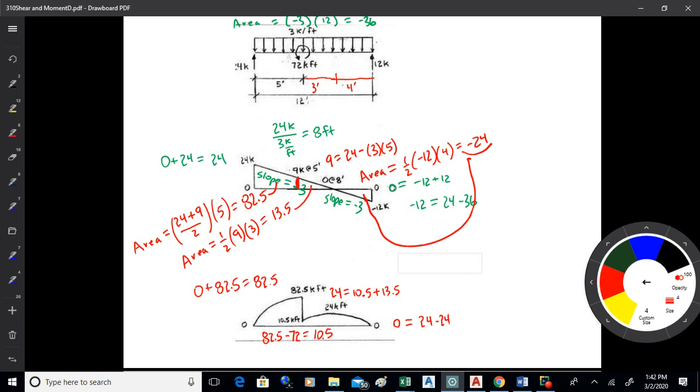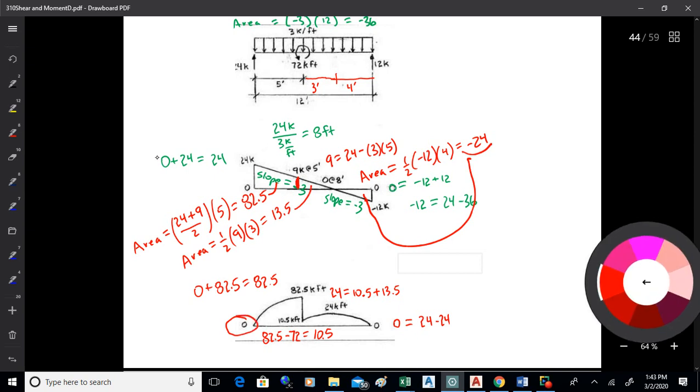So what's going to happen then is the moment is going to start at 0. It's then going to go up to that first area, which is 82 and a half. So I go from 0 up to 82 and a half. Okay, the slope there starts at 24 and then it's at 9. So it's getting less positive, so that's concave down. Now, as soon as it gets to 5 feet and 82 and a half, it feels this couple right here.